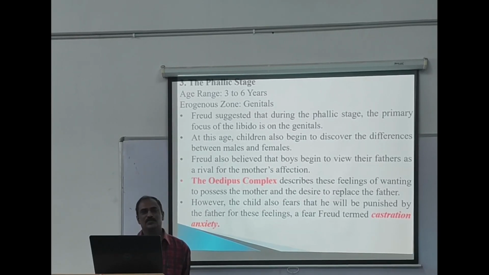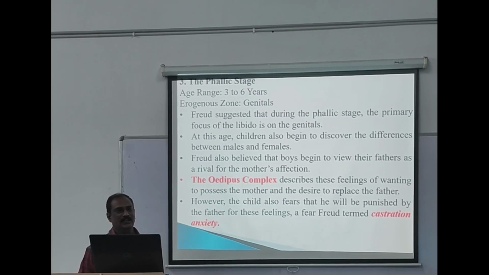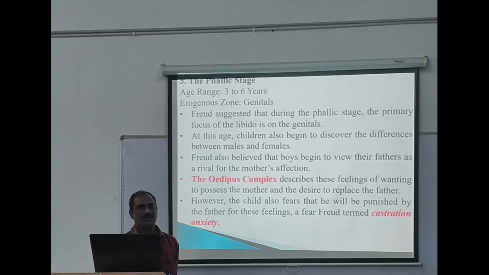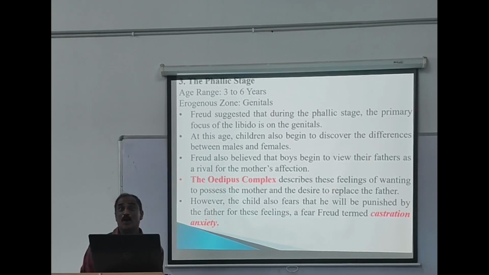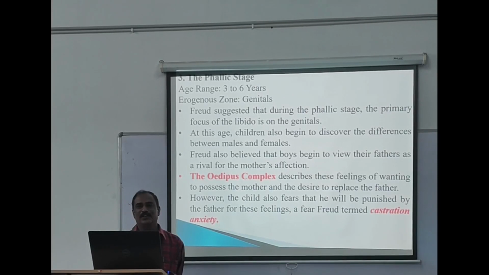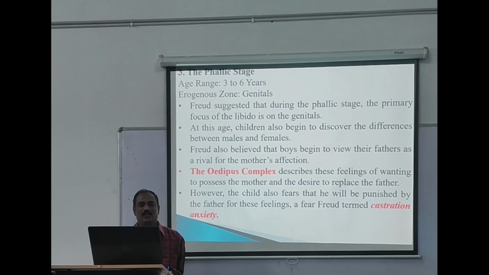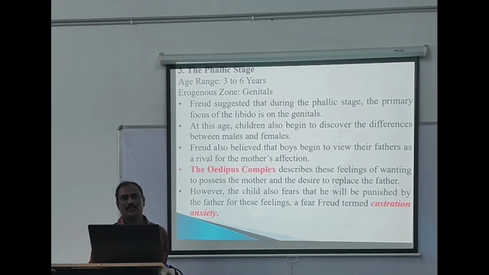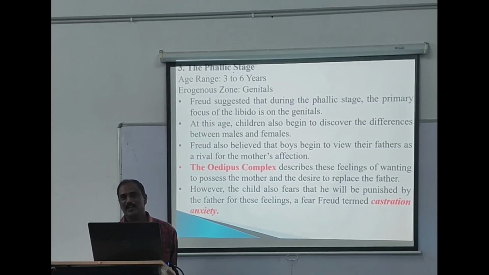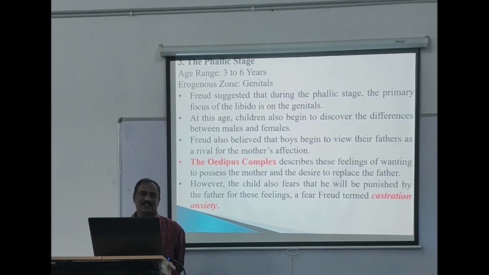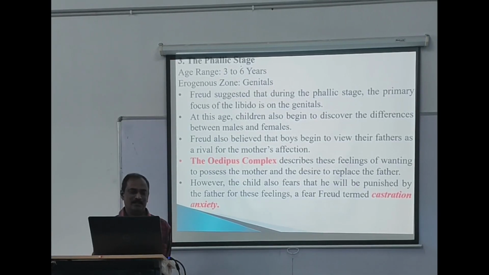Until the father comes, the mother plays with the boy. When the father, the husband of the woman, comes in, she immediately takes care of her husband, and sometimes the boy thinks she ignored him. So he thinks of the father as a rival for the mother's affection, and he wants to kill the father also. He wants to beat the father, he wants to kick the father. This type of complex is called the Oedipus complex.